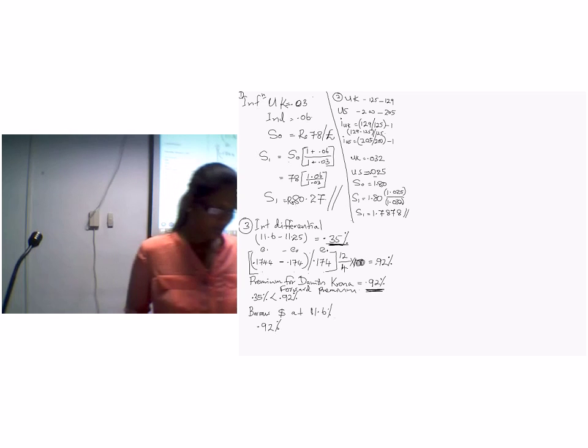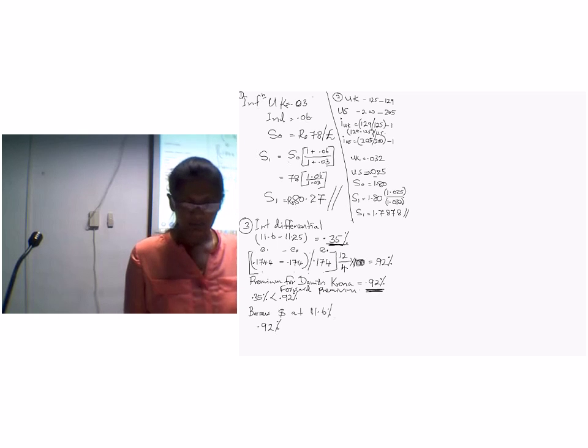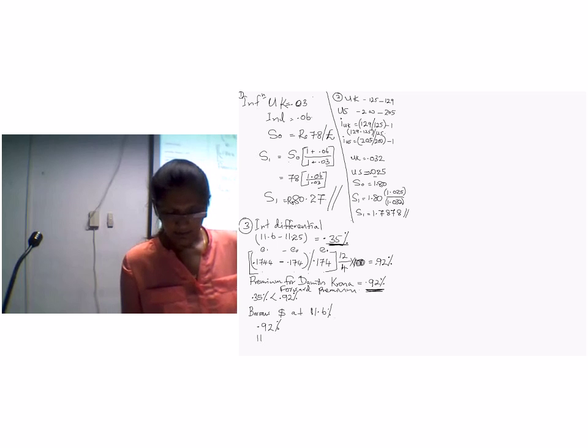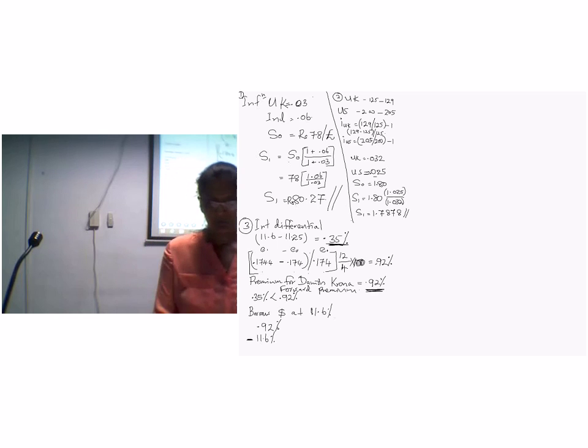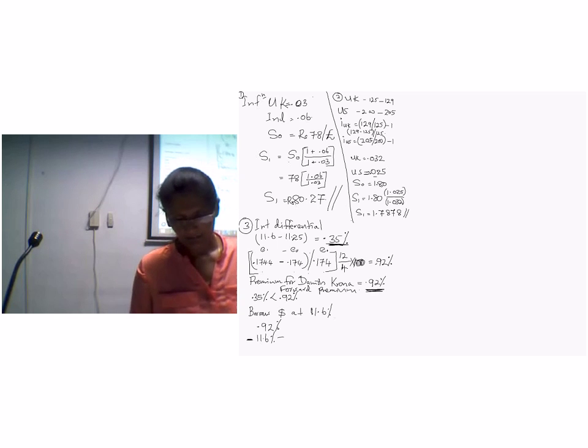You have to borrow from the US and invest in Denmark. When you borrow from the US, you have to pay interest of 11.6%. This is going to be an expenditure, but you are going to invest this in Denmark.